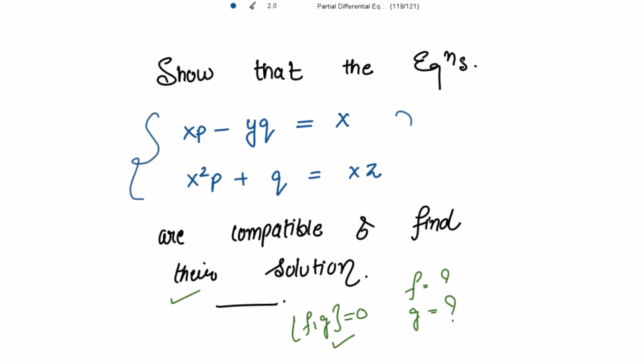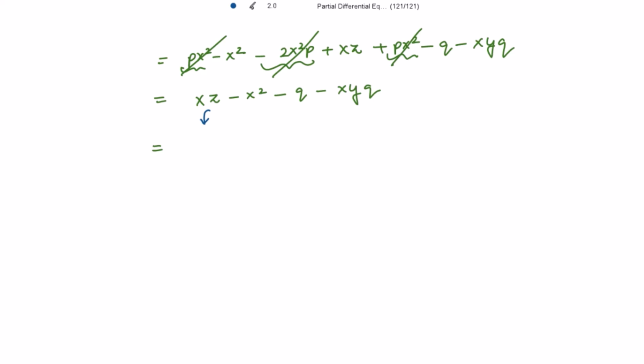From the second equation I can get the value of xz to be x square p plus q. I am using this value, so I write in place of xz, x square p plus q. Then this is minus x square minus q minus xyq. This q is cancelled out with this.